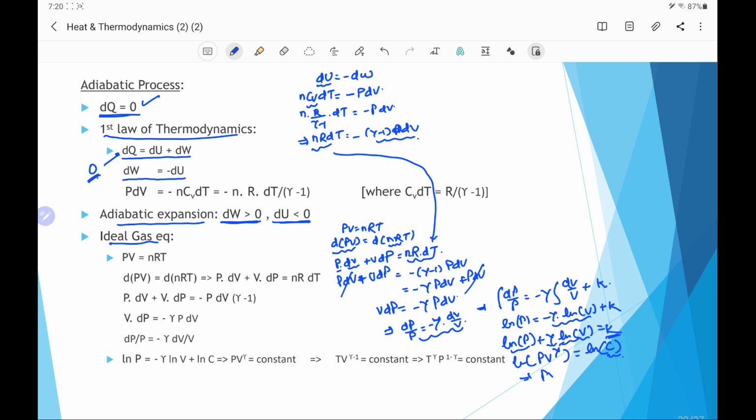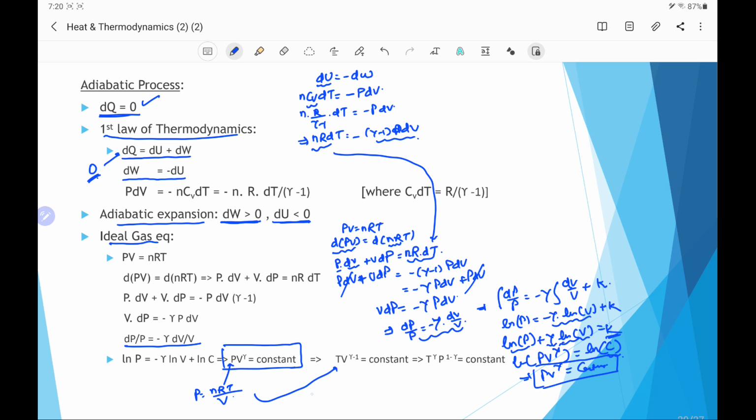Hence we can write P V raised to the power gamma is equal to a constant, and it is a very important formula for the adiabatic process. So from dP by P equal to minus gamma dV by V, we calculated that P V raised to the power gamma is equal to constant. And if we replace from the ideal gas P equal to nRT by V, then we will get another formula.